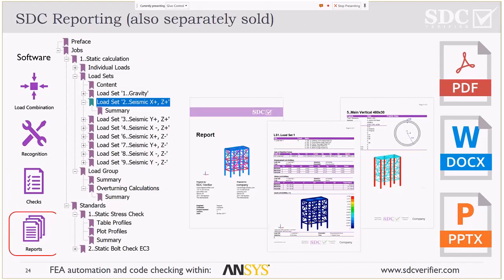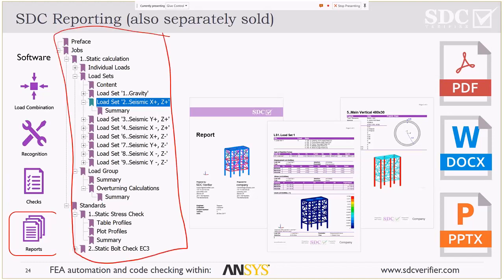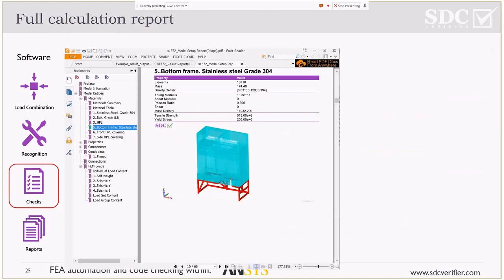The other one is reporting. As said, you can do a lot of reporting, and you have a nice setup in bookmarks to quickly go to the results you want. We have a model setup report which gives you a complete description of your design, including the weight of that plate or of that beam or of that material, and it's completely automatic.